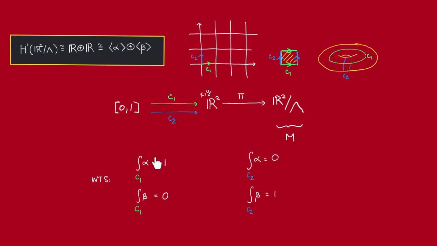Now we claim that it suffices to show that the integrals of alpha and beta along C1 and C2 are as follows. So why would that be sufficient? Well, first of all, because the integral of alpha along C1 is not 0, and because the integral of beta along C2 is not 0, we know that alpha and beta are not 0 in the cohomology group.